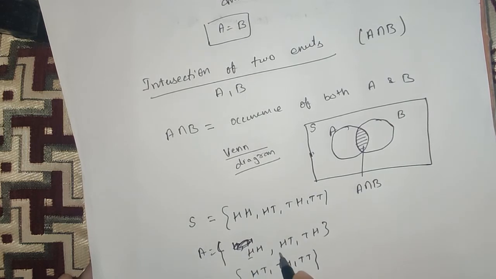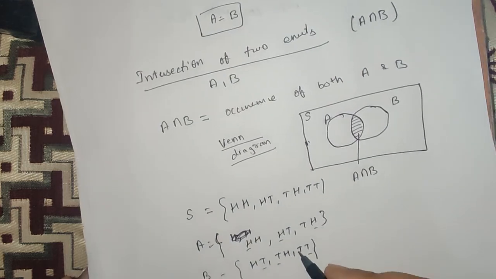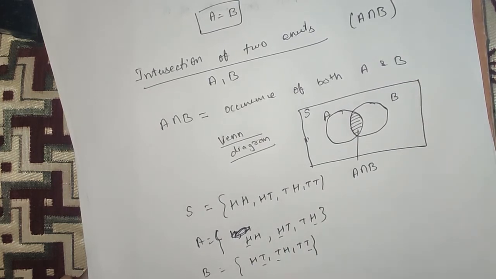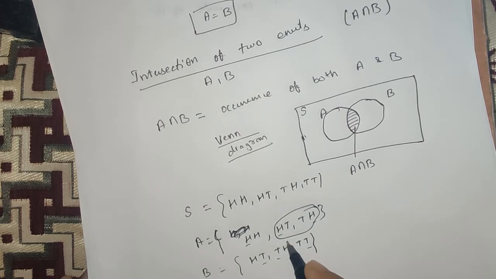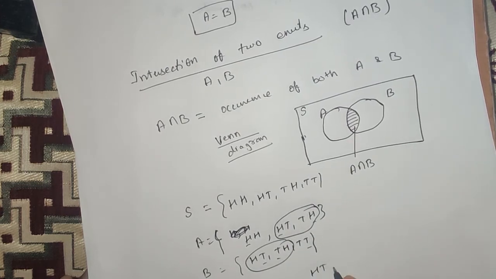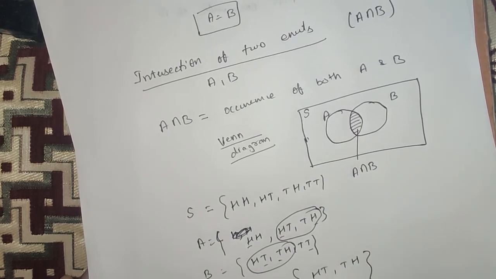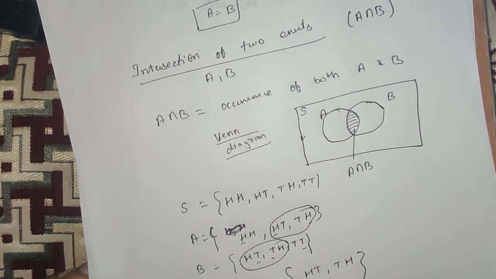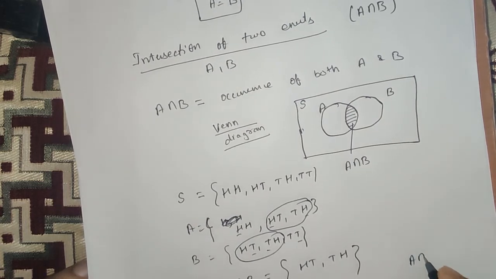Here at least one head, here at least one tail. So what is A intersection B? It will be this one, the common part of both the events. So occurrence of both A and B is known as intersection, A intersection B.